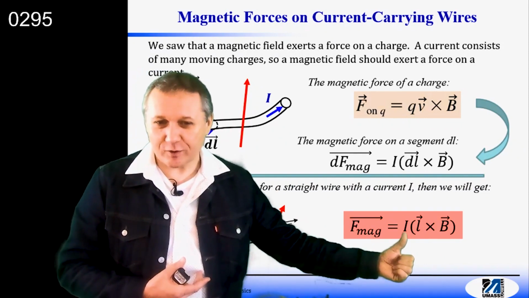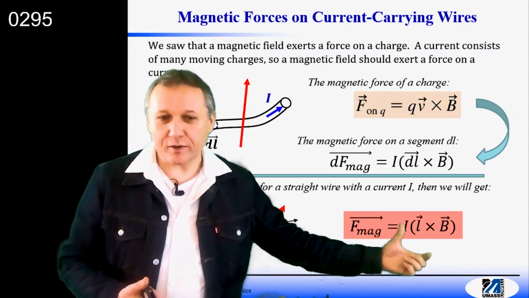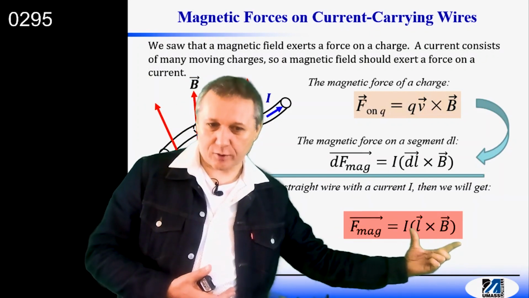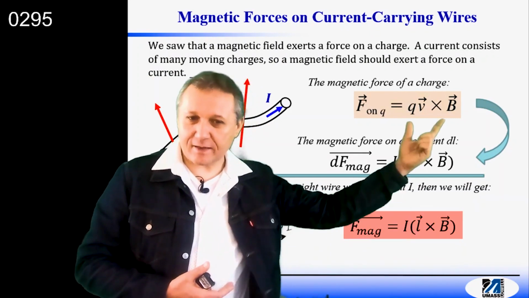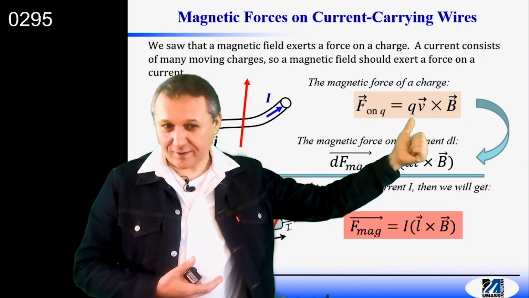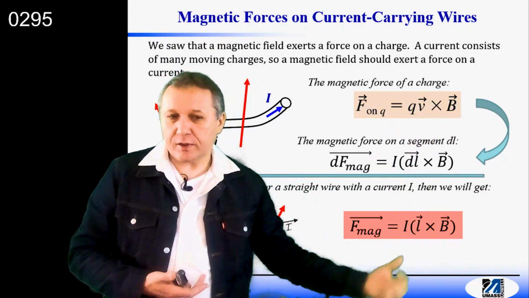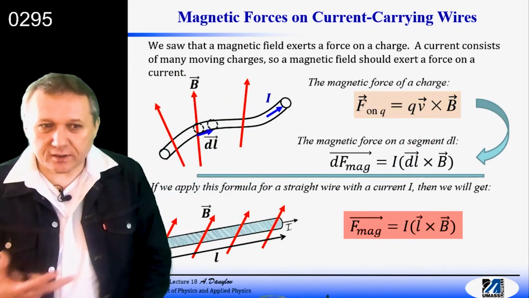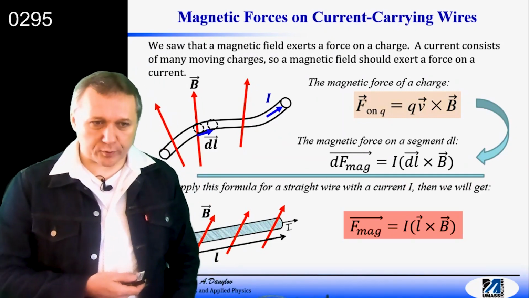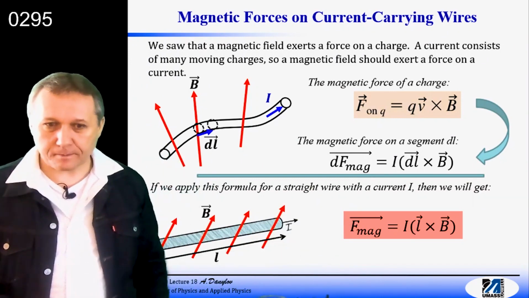Because the current is all the time positive, the value of the current cannot be negative, the direction of F is determined by the direction of the cross product L cross B. Before, every time we had to take a cross product and then look at the charge, and adjust the direction or not. But in this case, L cross B determines the direction. I don't see any physical meaning of that cross product by itself, but if you multiply by the current, it gives the force.